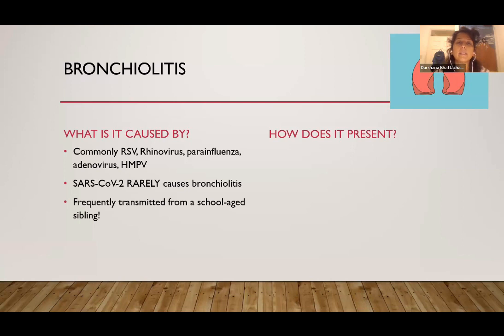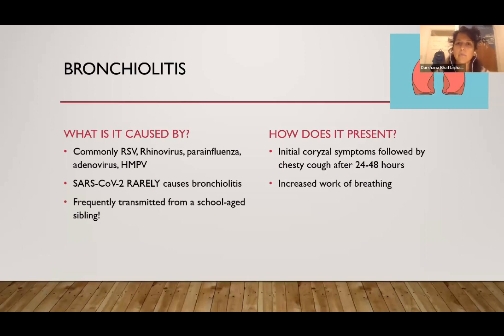And what we often see is that babies who present with bronchiolitis frequently catch an infection from a school-aged sibling. So always ask about who else is in the family. Presentation-wise, you have initial coryzal symptoms, sneezing, runny nose, runny eyes, followed by a chesty cough after about 24 to 48 hours, with usually increased work of breathing.